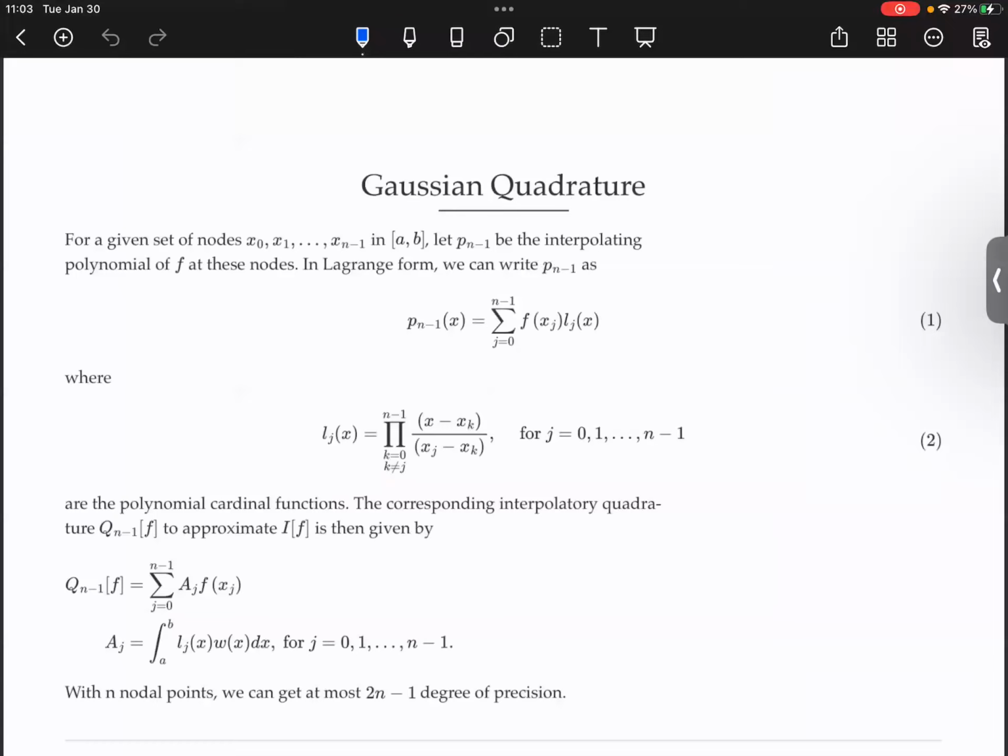Before this, here is a general description of the quadrature rule. We have the Lagrange polynomial here, and we have nodes x0, x1, up to xn minus 1 on the interval [a, b]. Because we have these nodes, we can have the n-1 degree interpolating polynomial of f.